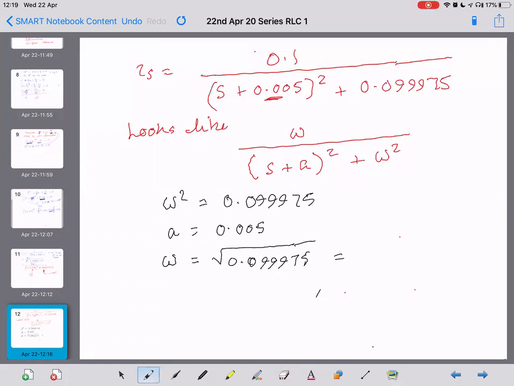If you square root that number, I believe you get 0.31618882.